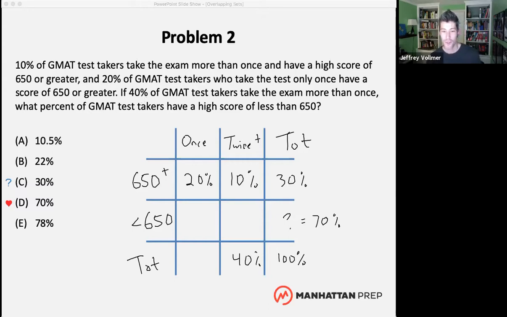So let's rewind a little bit and see what that 40% is really doing for us here. I feel pretty good about the 10%. 10% of GMAT test takers take the exam more than once, okay? So we were in this column, and have a high score of 650 or greater. All right, definitely here.